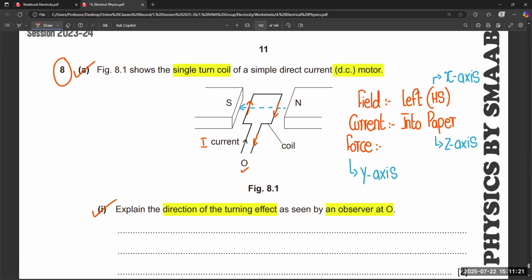So first of all, you have to open up the first finger towards the left hand side, then the current into the paper, right? So I will share the picture of orientation also, if you want to find out the exact orientation.